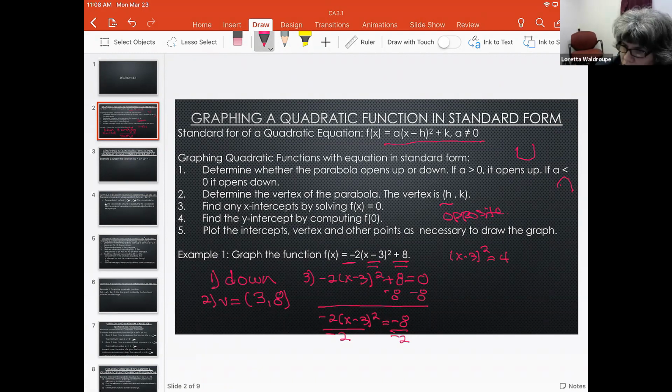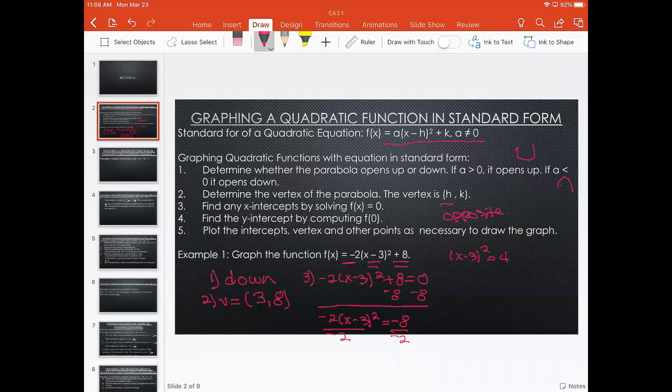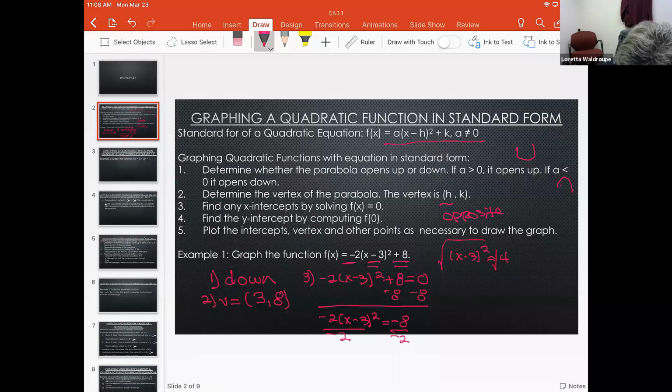I should have put this on its own slide. How do I get rid of the squared? Does anybody remember how you can get rid of the squared? What do you do to both sides? Square root it. Very good, Skylar.